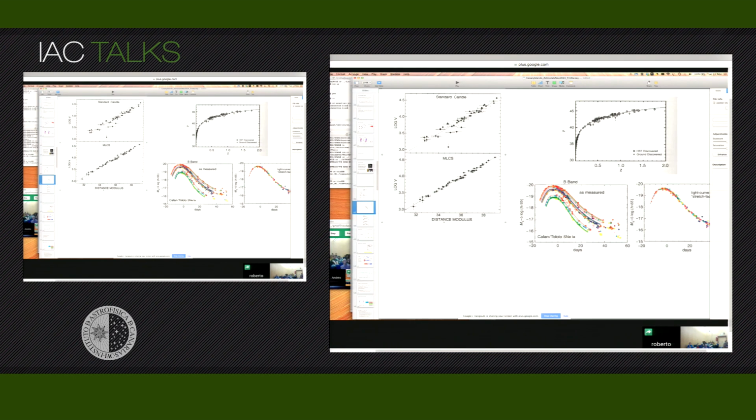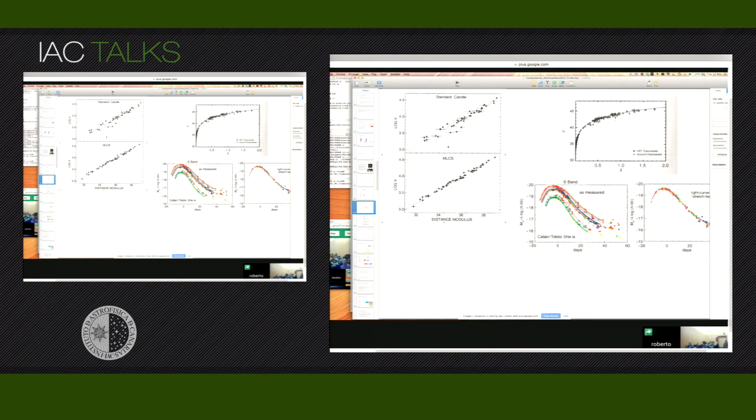However, they're not standard candles, but they are, it turns out, standardizable candles. You can use a statistical procedure, which I'm going to describe, to make them more standard. And that is what happens in this plot here.